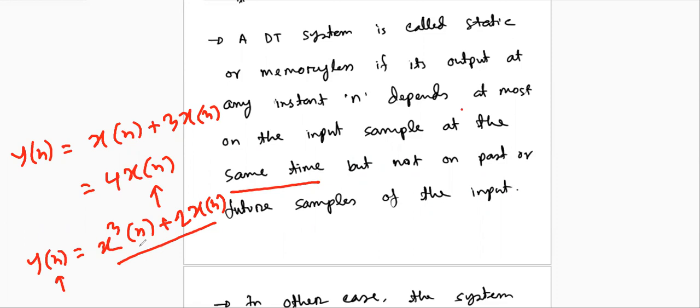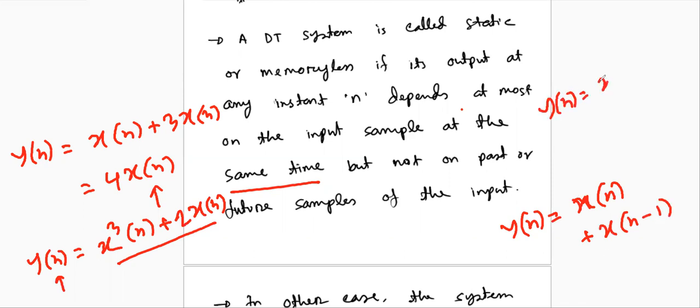On the other hand, if your output depends on x(n) present value as well as x(n minus 1), or y(n) equals x(n) plus x(n plus 1), this is the future value, present value as well as future value, or present value as well as past values, then those are known as dynamic.